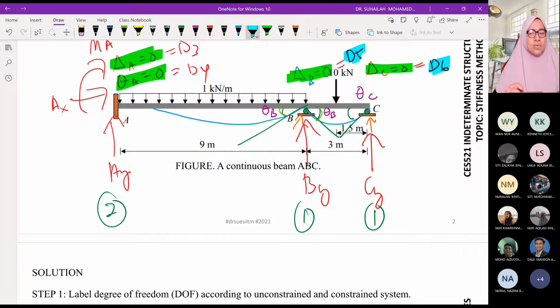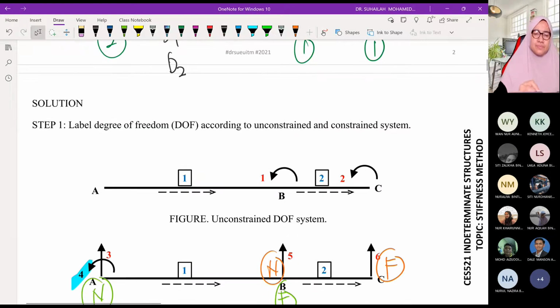So what is D1 and D2? D1, D2. Okay, yang ni. So degree of freedom in Z component, in terms of displacement, it is rotation.